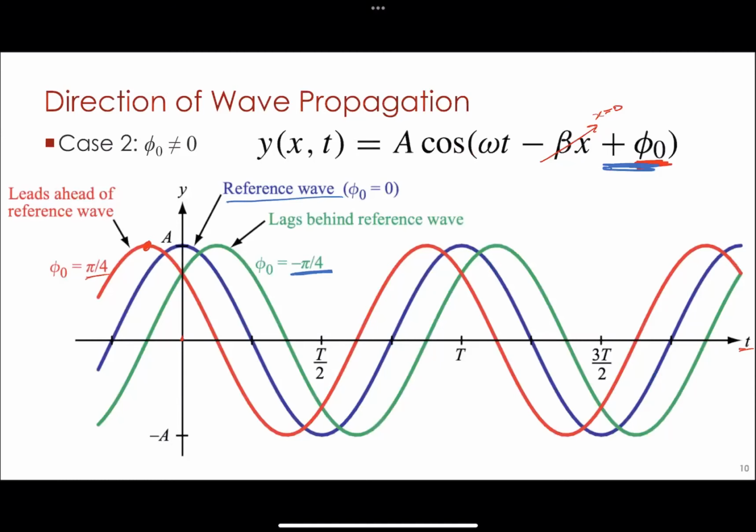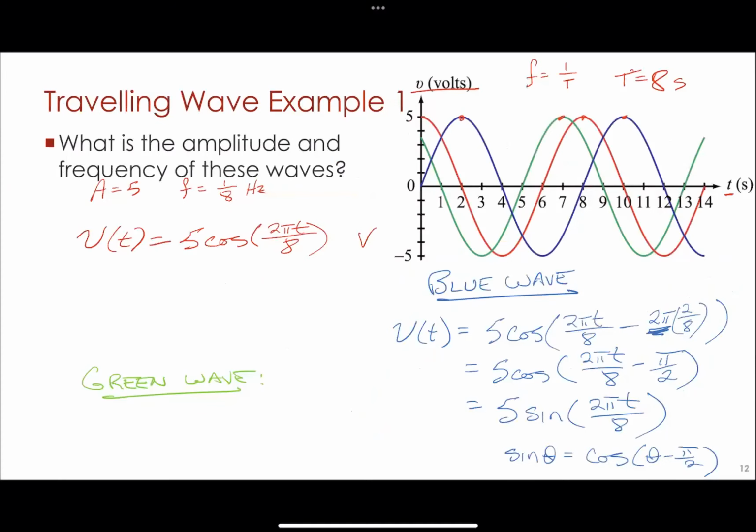So really, if I wanted to be very accurate about it, I would say this whole thing is phi 0. So I could have written that, and maybe I'll write it over here as v at t equals 5 cos 2 pi t over 8 plus negative pi over 2. Right? Because that's what that is. Yep. Thank you. Yep, no problem.